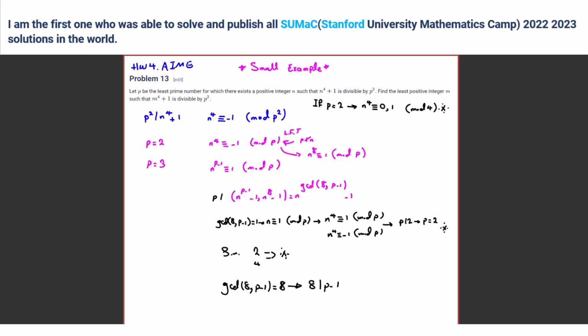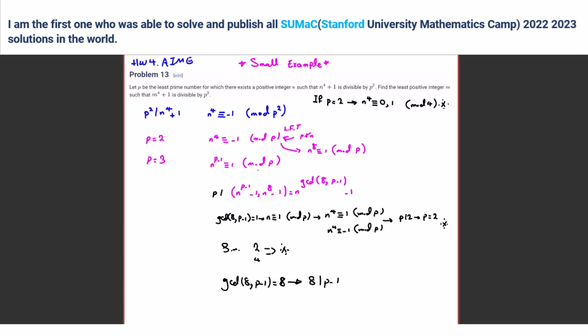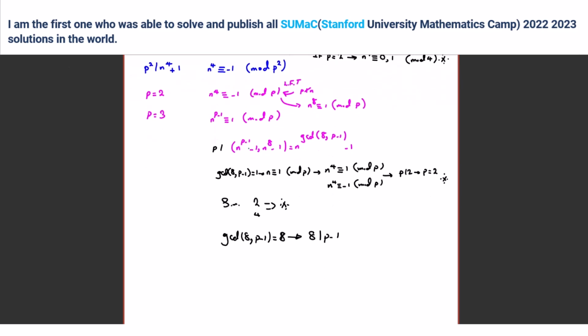Let me tell you a much easier solution than this one for this part. So that was solution 1 that you used to prove 8 divides p minus 1. Now solution 2.